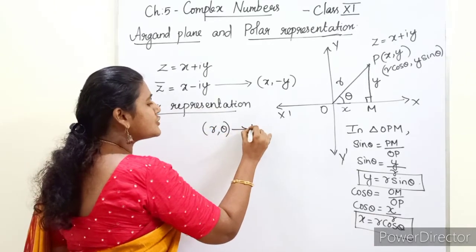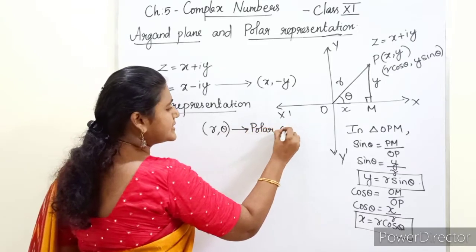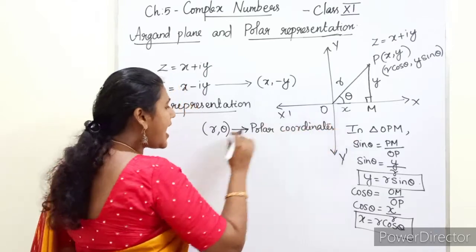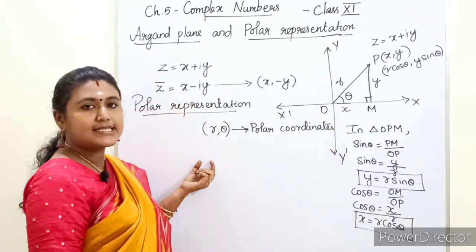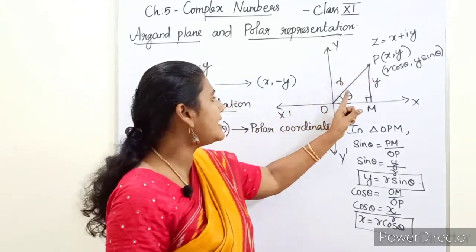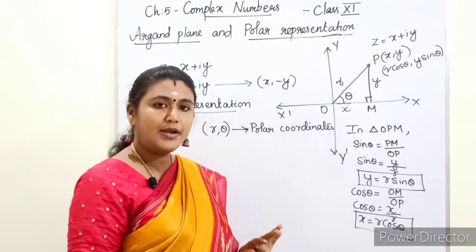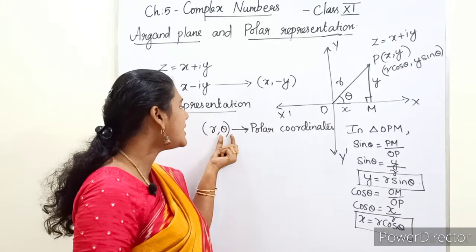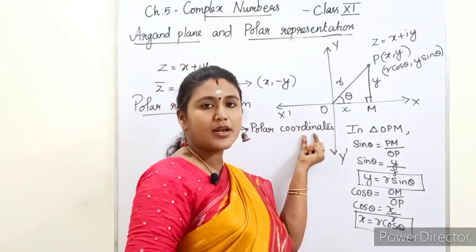This is called the polar coordinates. Polar coordinates is nothing but the value of r and theta. R is the length OP and theta is the angle made by OP with the positive direction of x-axis. So r comma theta is called polar coordinates.